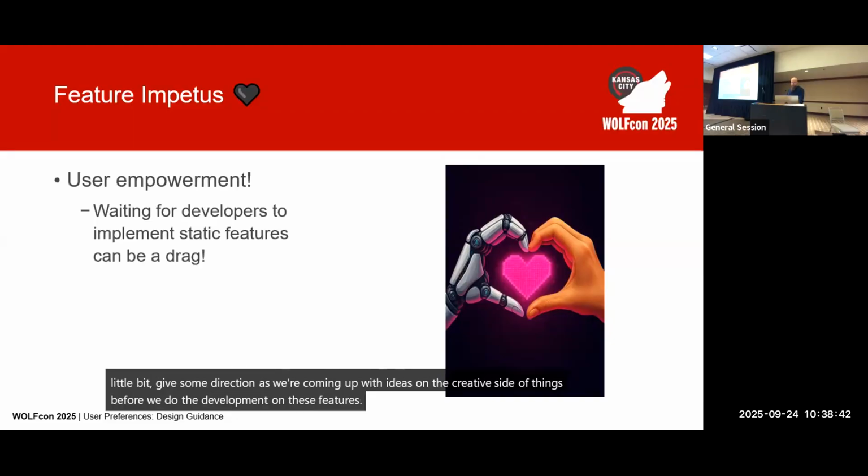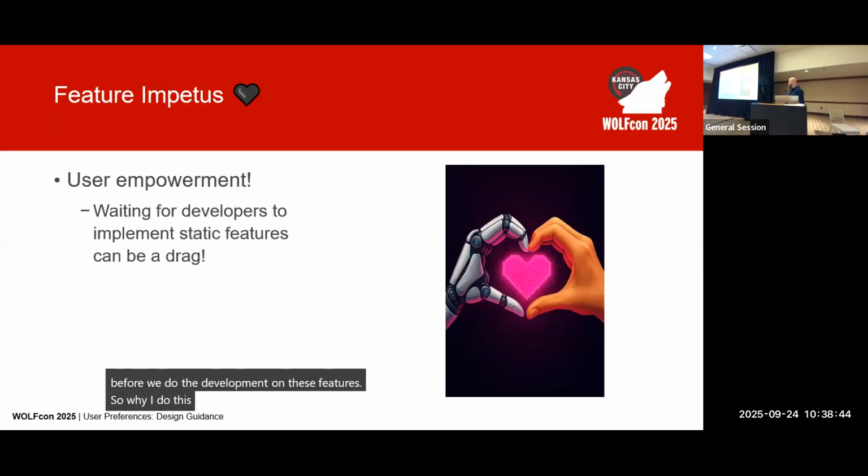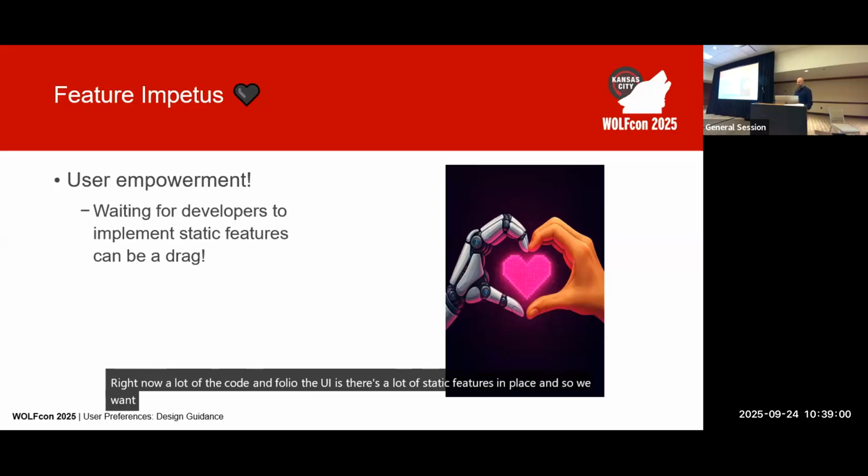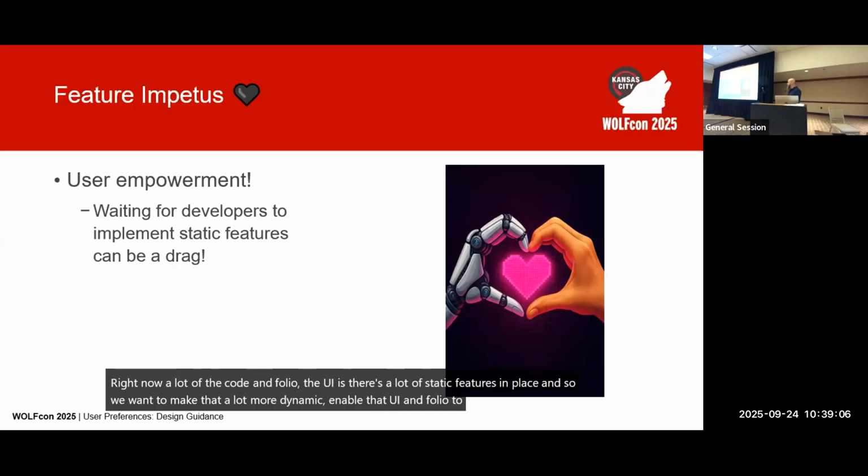So why do this? The main thing is user empowerment. Right now, a lot of the UI in Folio is made of static features. We want to make that more dynamic, enabling the UI in Folio to change shape a little and conform to the needs of our users.